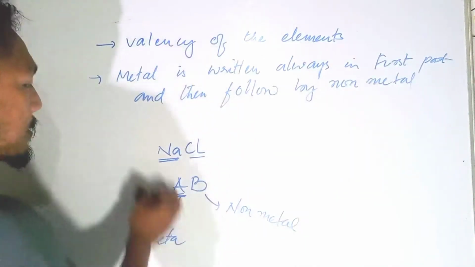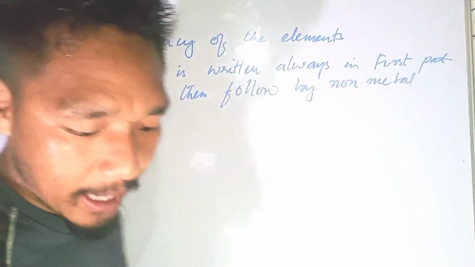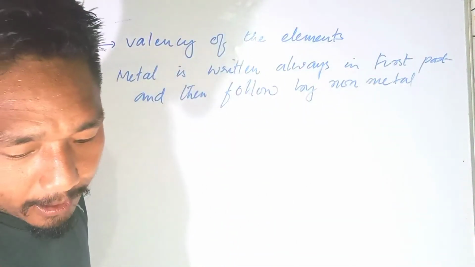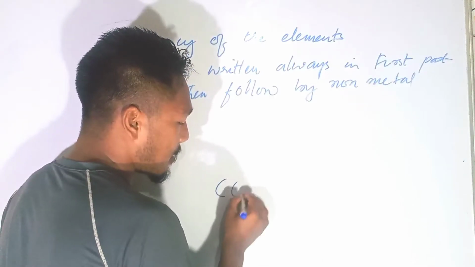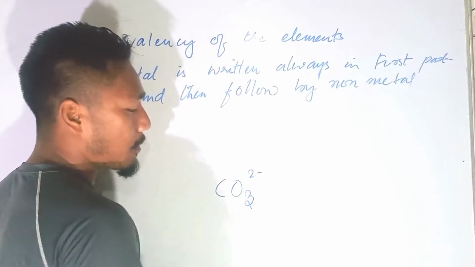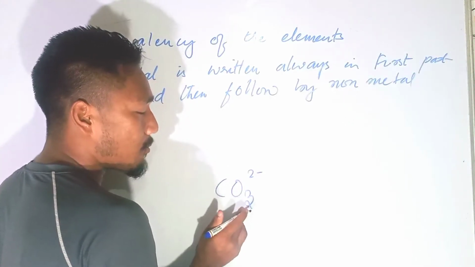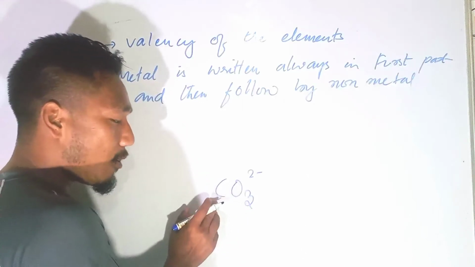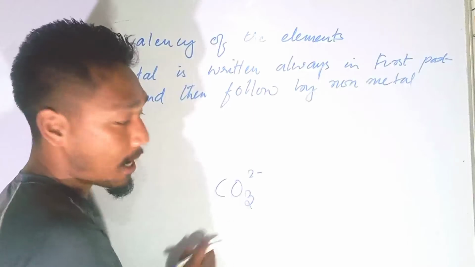Our next rule is that if there is a polyatomic ion, like carbonate, which has 3 atoms of oxygen and 1 atom of carbon, that is what we call a polyatomic ion.